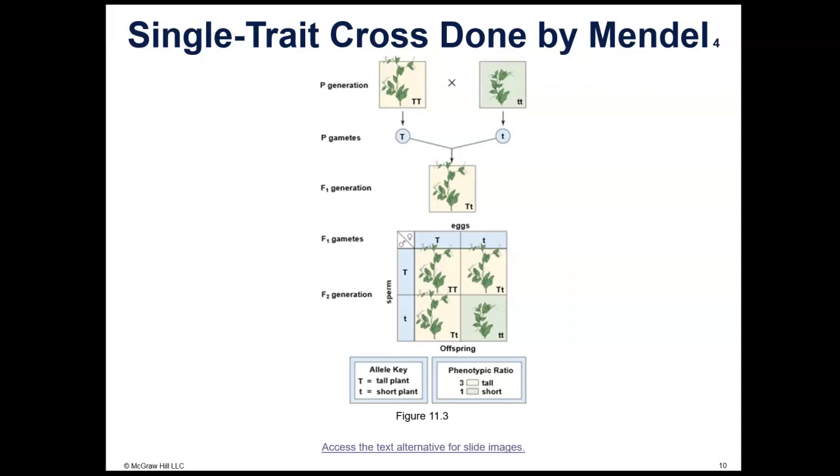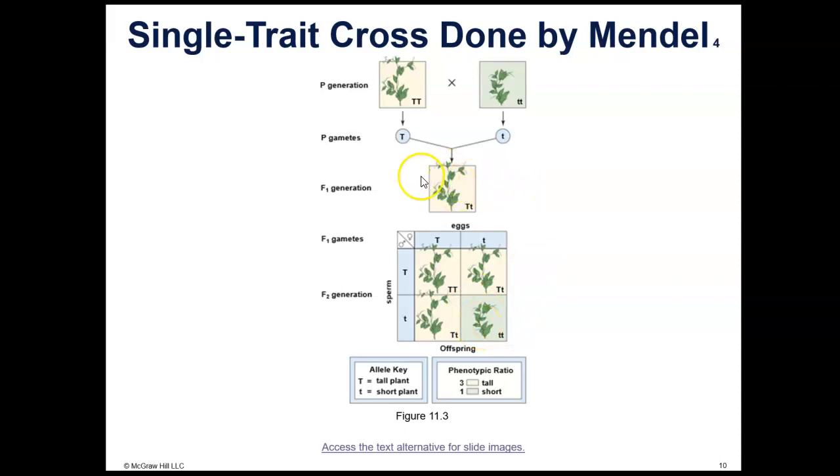So when he crosses the offspring, how do we end up with a small percentage, 25%, being short? And that's where he had to use some of his math skills and kind of work backwards. Well, how is the short coming? How do we get short in the offspring in the F2s?